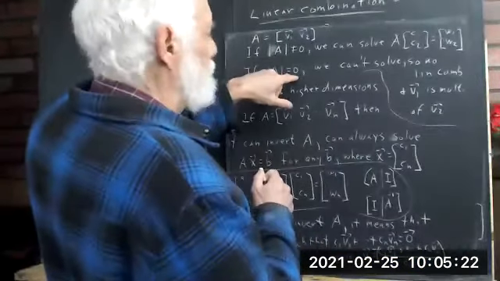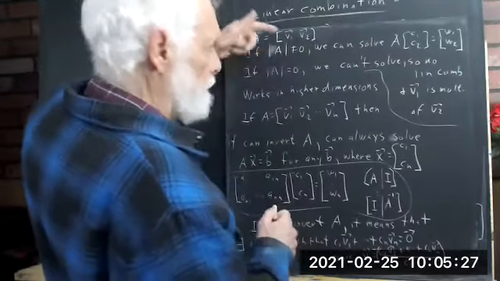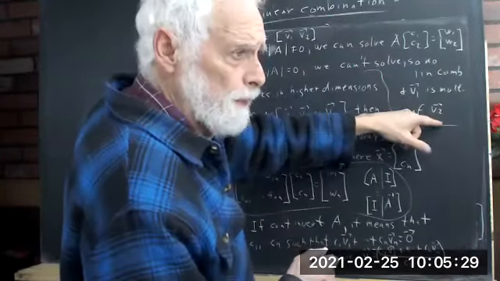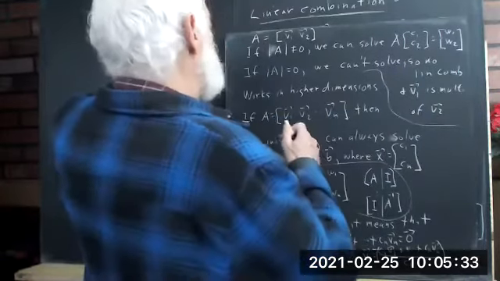If the determinant of A is 0, that, we say again, tells us that V1 and V2 are multiples of one another.